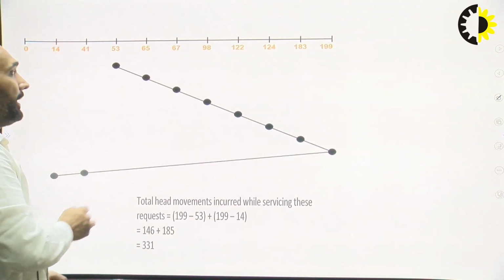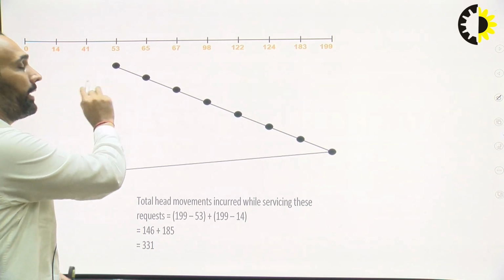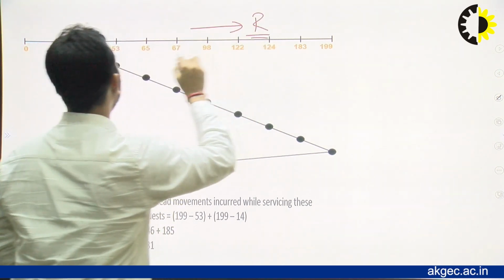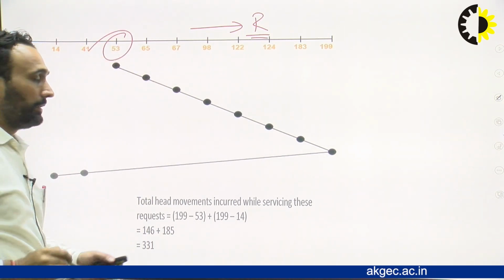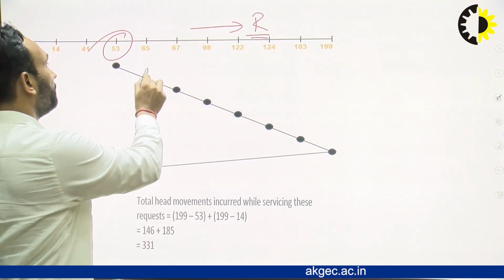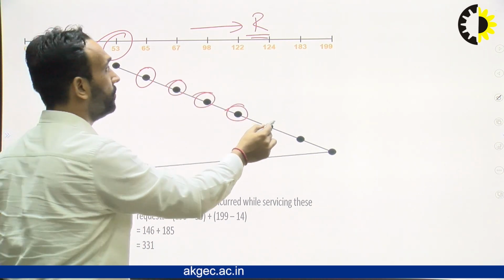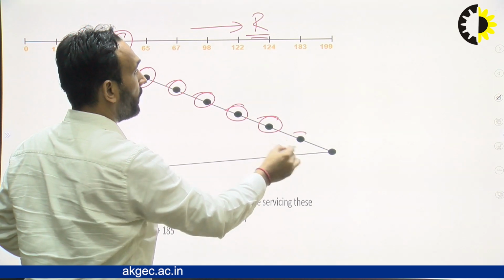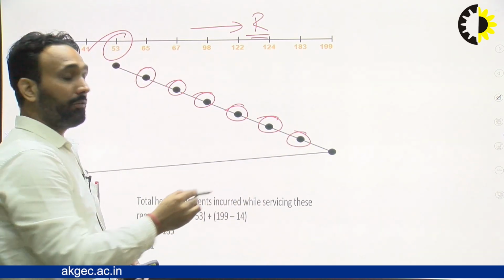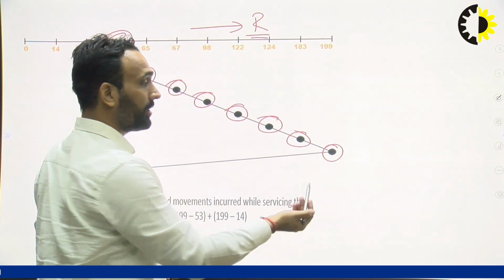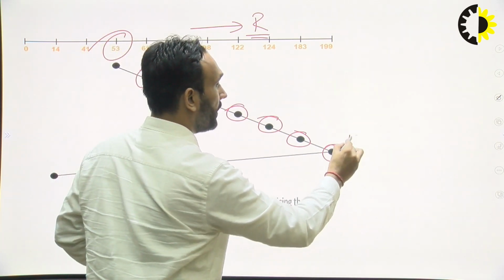As we see, it covers all the head locations that lie to the right of the current head location. What head locations do we have? 65, 67, 98, 122, 124, 183, and it will go to the last address. What is the last address? That is 199.